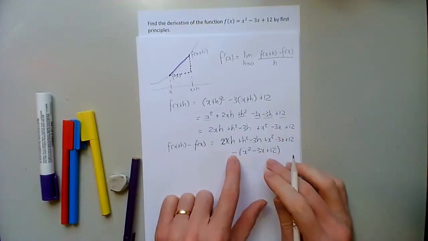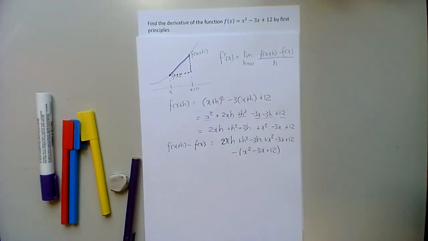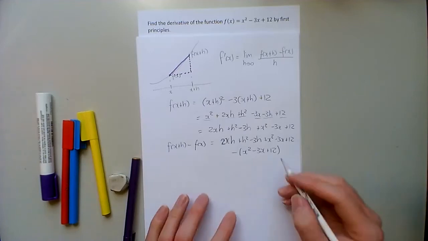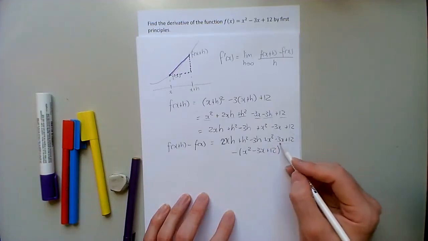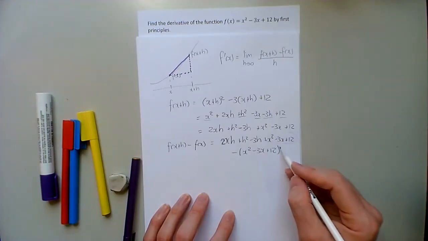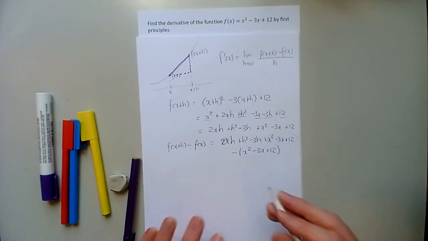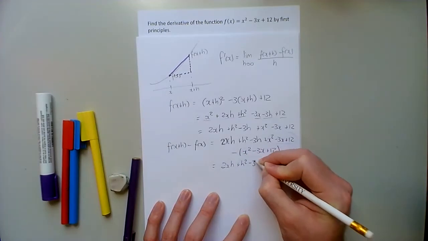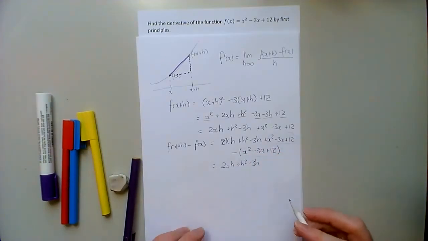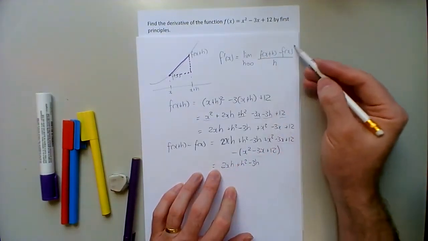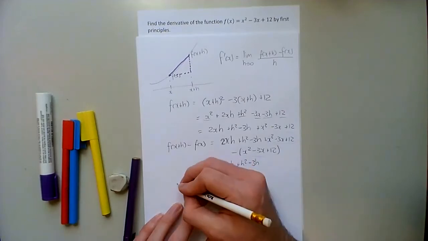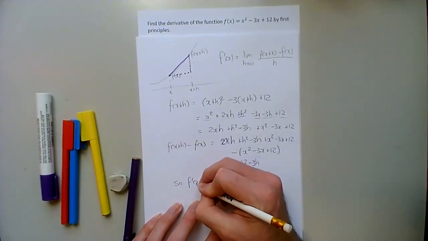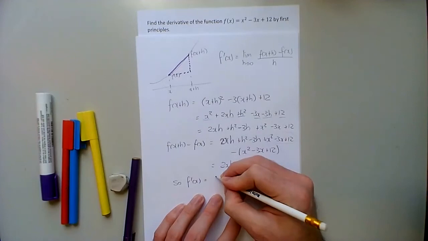And I had to put it in brackets so that the minus belongs to all of it. And now I can see that there's a whole x squared minus 3x plus 12 minus an entire x squared minus 3x plus 12, so they disappear. Cool. So I reckon I can sub all of this into this part of the formula now and just run with the working from there.